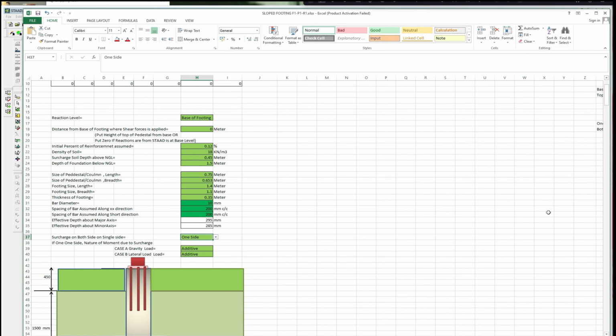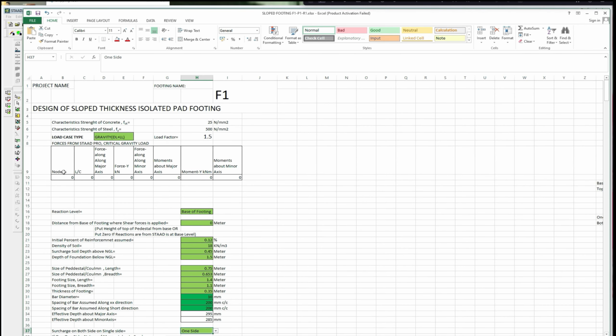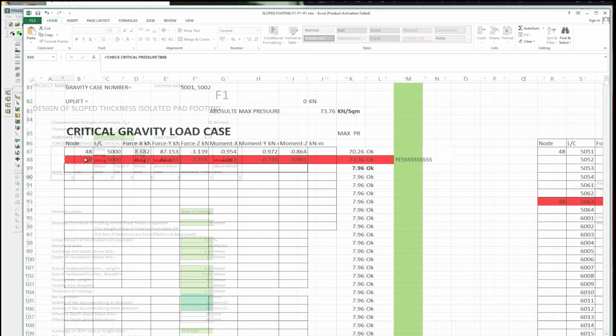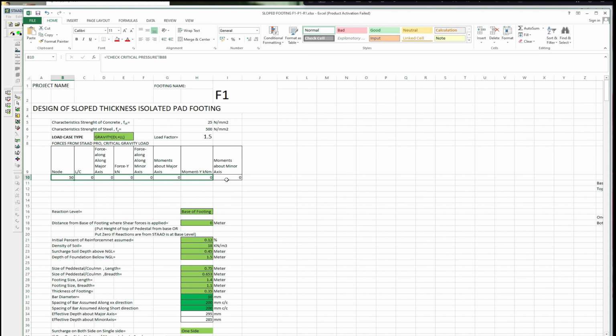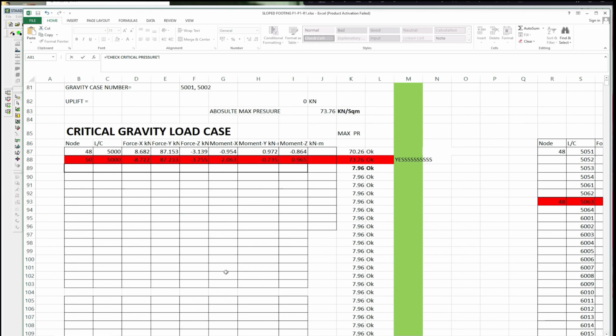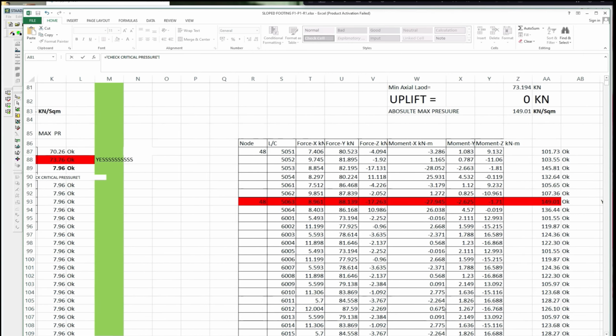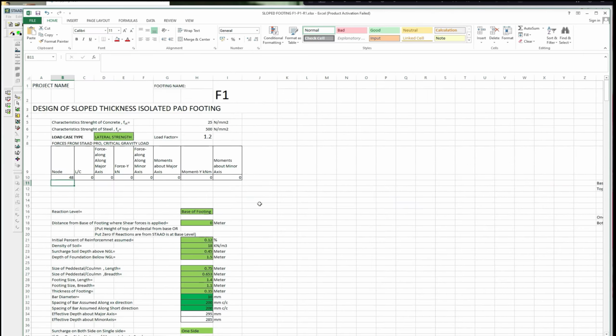Now we have to link this here, the red one, 50. Under lateral load cases, this node number 48 is the critical one.